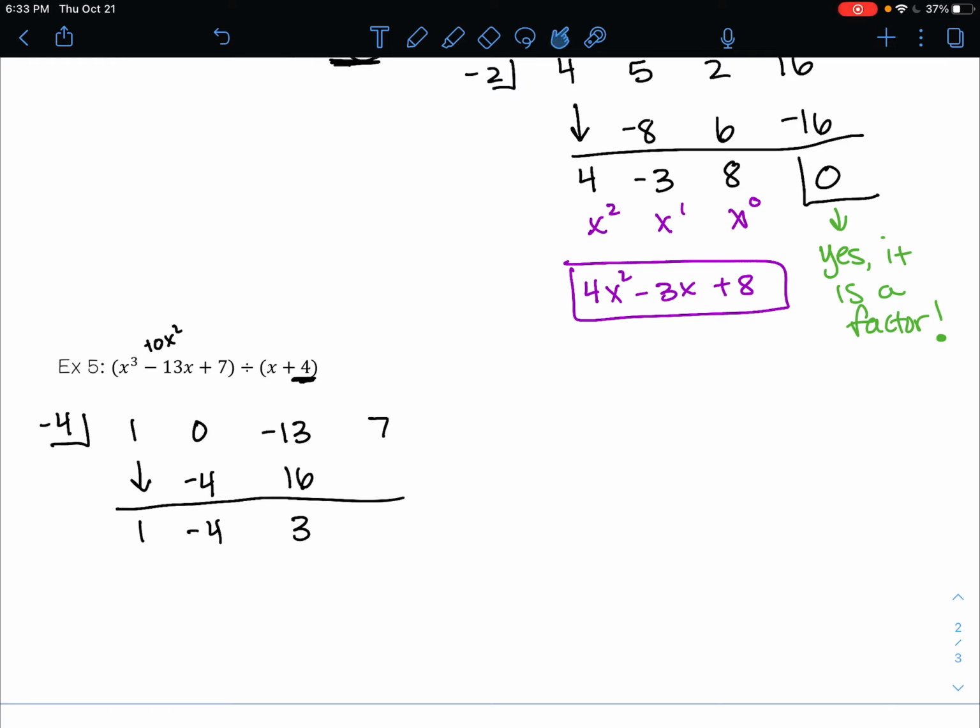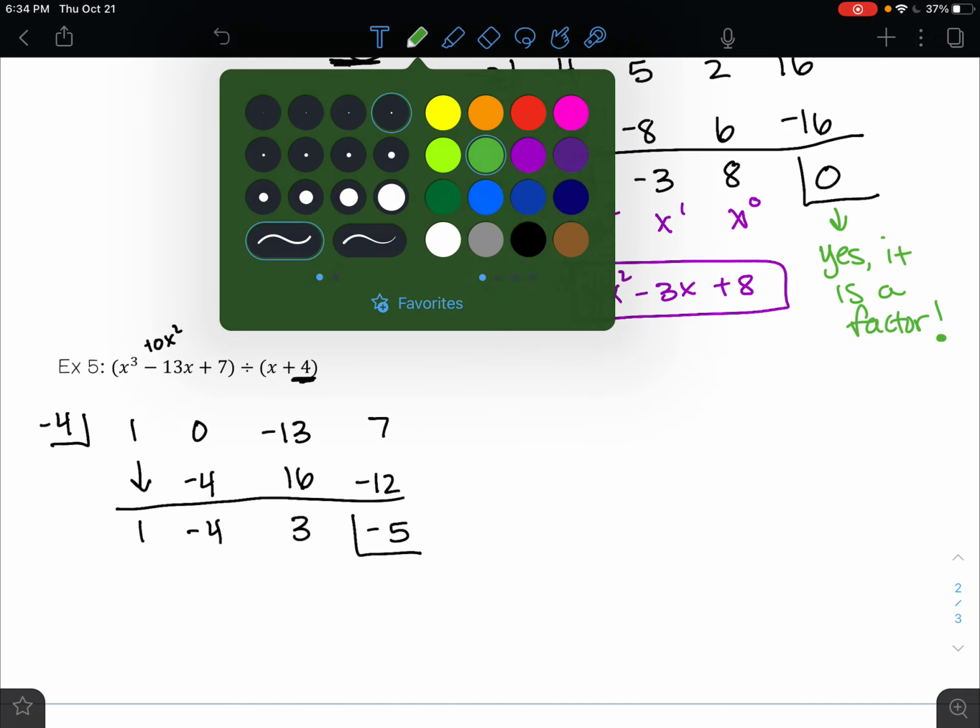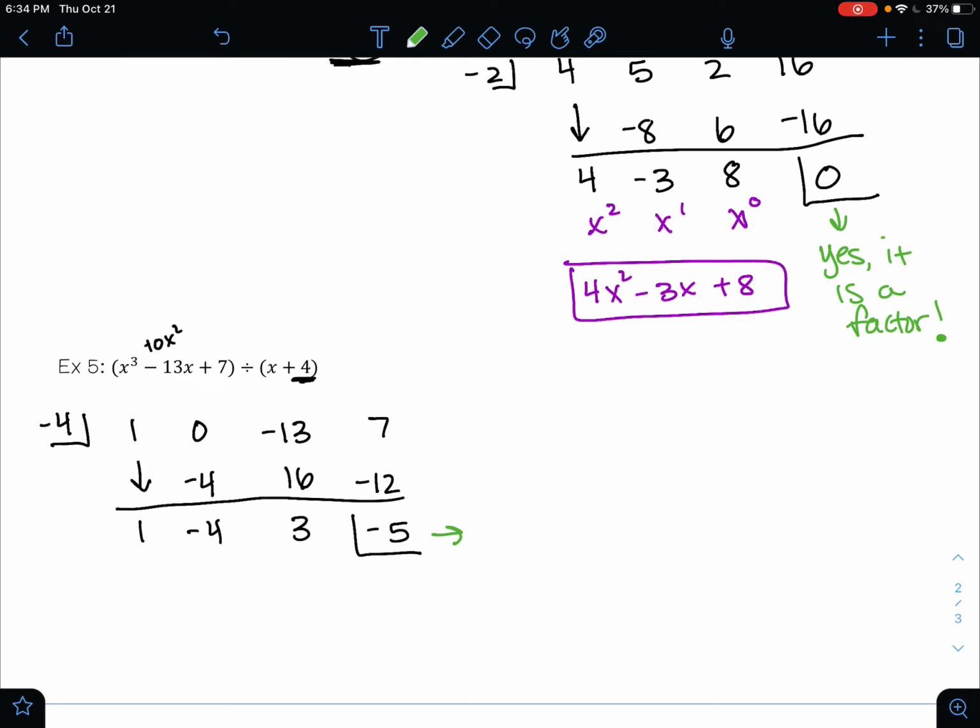Negative 4 times 3 is negative 12. 7 plus negative 12 is negative 5. Negative 5 is our remainder. Our remainder is not 0, so no, it is not a factor because our remainder is not 0.